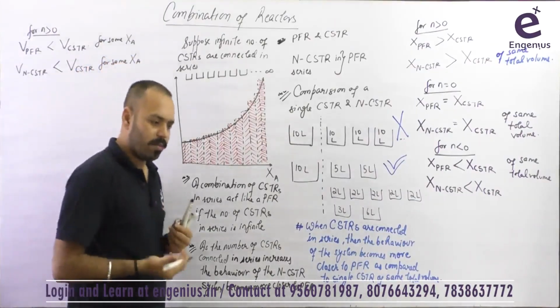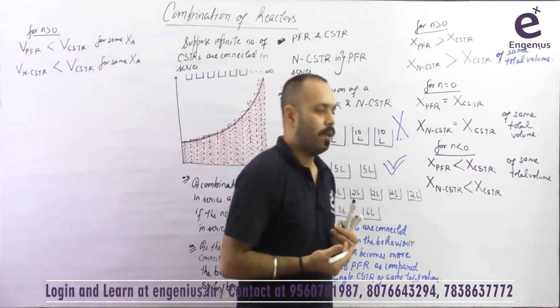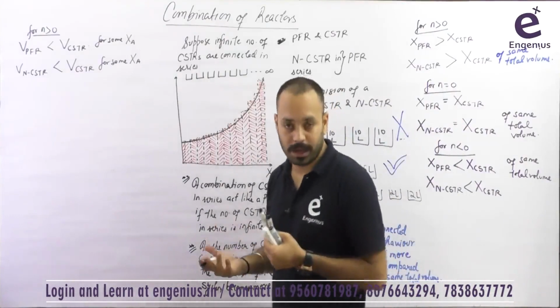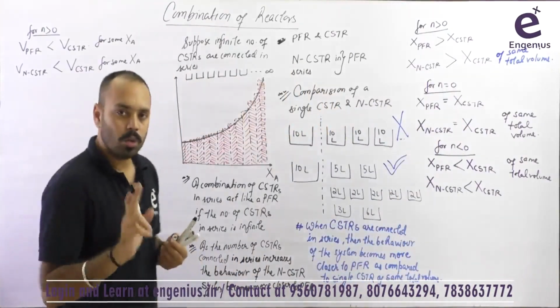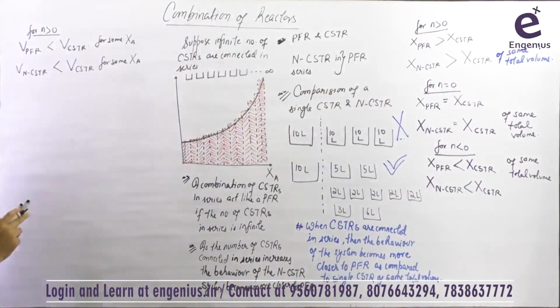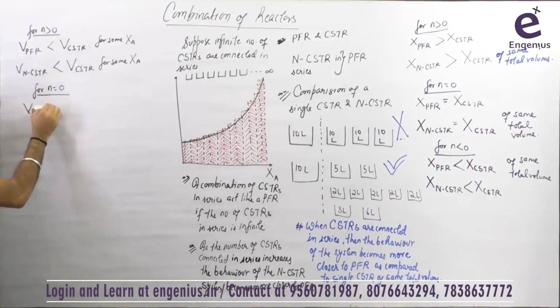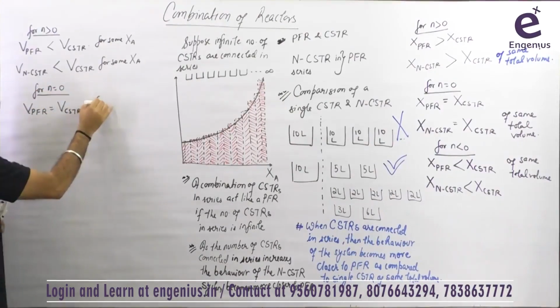तो मैं हर conclusion भी आपको लिखवा रहा हूँ ताकि फिर आप ये ना सोचो कि सर कॉन्सेप्ट तो डिस्कस हो गया, अब इसके कंक्लूजन्स कहाँ तक पढ़ने हैं कहाँ तक नहीं पढ़ने हैं. All the conclusions also I am discussing here. So n greater than 0. Now for n equal to 0, volume required by a PFR is definitely equal to volume required by a CSTR for same conversion.